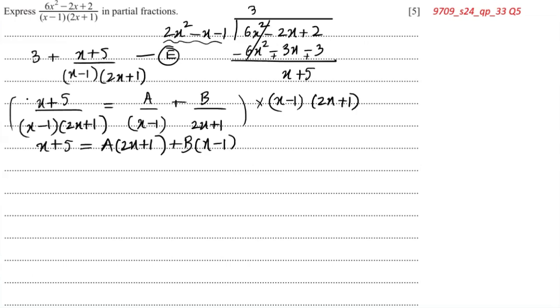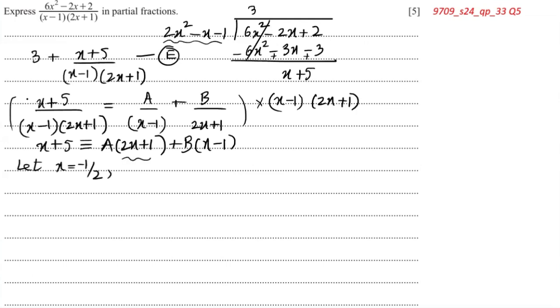Okay. So in this identity equation, you can assign values. This means that this equation is true for all possible values, infinitely many values of x. Okay? So let's choose x equals negative 1/2. Why?